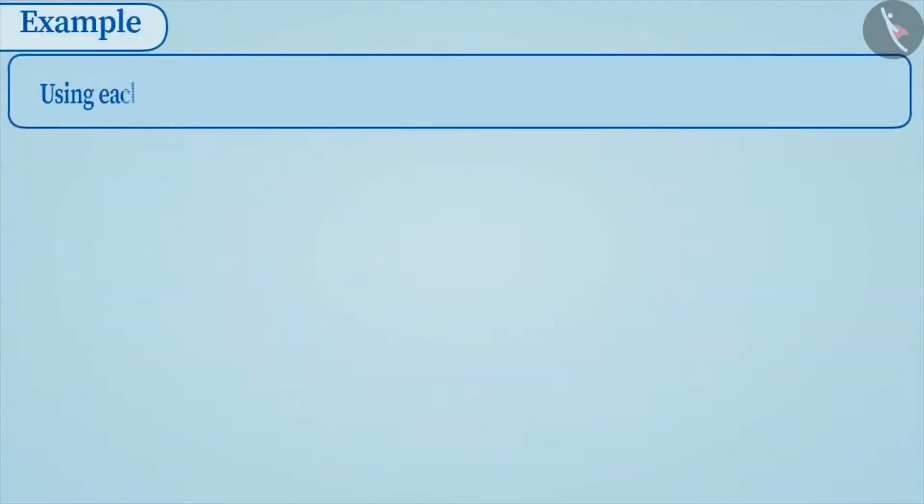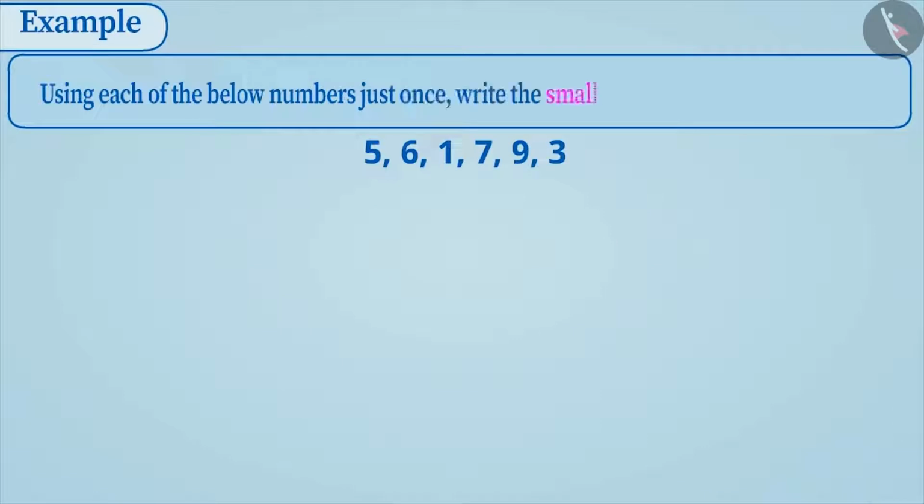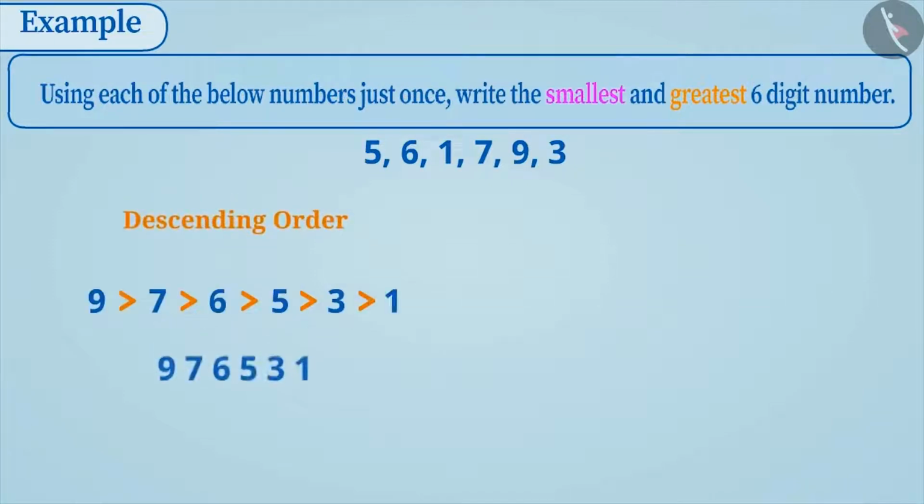The next example. Using each of the numbers given below, write the smallest and the greatest 6-digit number. Arrange the numbers in descending order to get the largest number from the given digits. This will give us the largest number, 9,76,531.